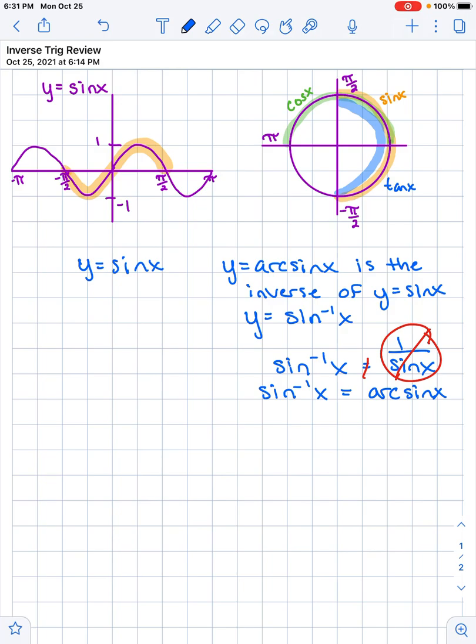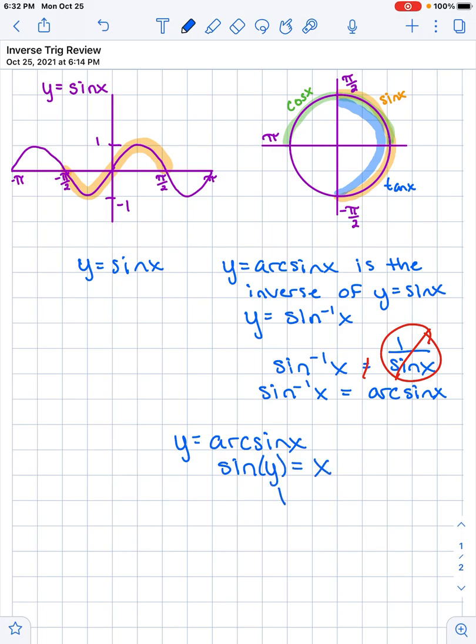You've probably seen this before, you've used it before to find the measure of an angle. And that's exactly what arcsine is saying: what is the angle measure that gives you this sine ratio? So for example, if I say y equals the arc sine of x, this is saying the sine of this angle y will equal x.